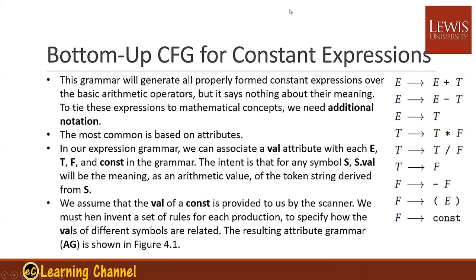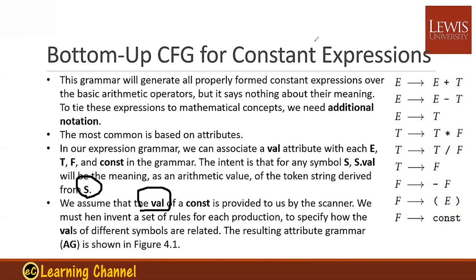Now we are going to introduce the simple S value. Basically, we would like to generate the derived S form. So we assume that the value of a constant is provided when we do scanner.